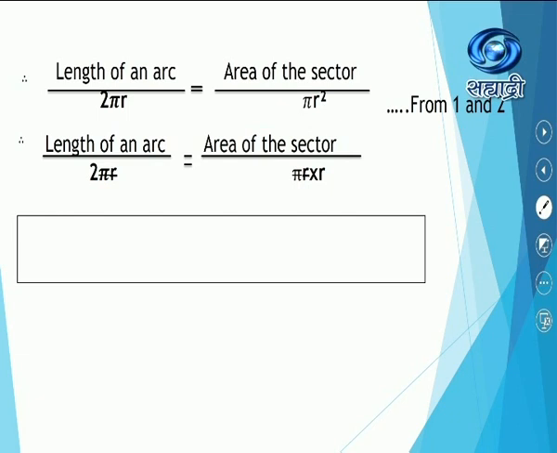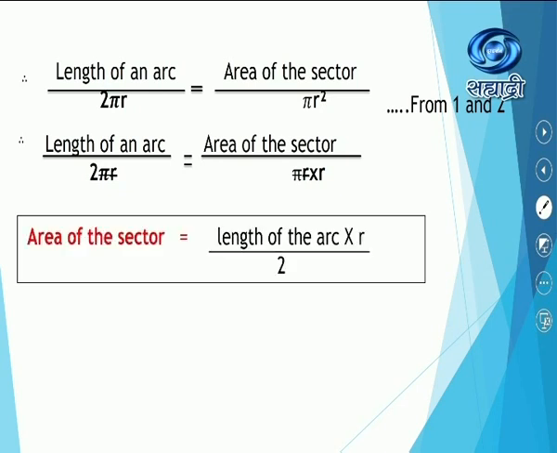So you can see pi r and pi r here will get cancelled, and then you will get the formula that area of the sector is equal to length of the arc into this r. This r will go and multiply over here. So you will get length of the arc into r, and here it is 2 in the denominator. Therefore, area of the sector is equal to length of the arc into r upon 2.